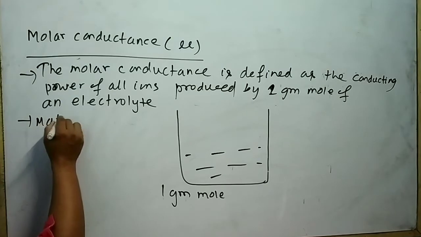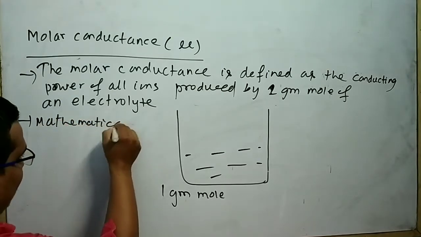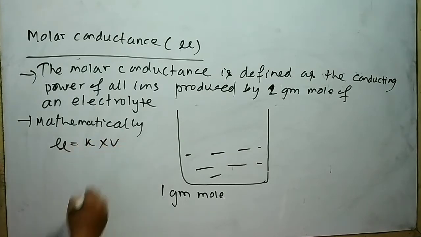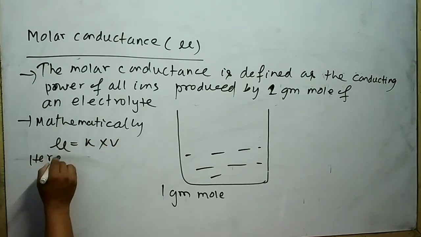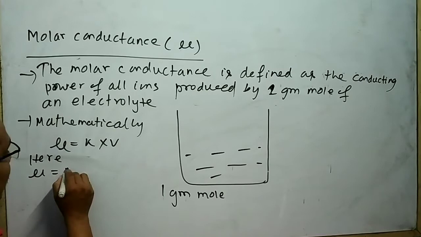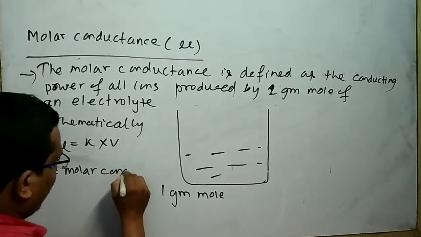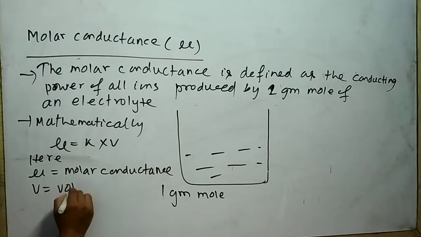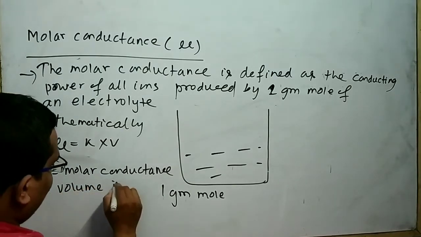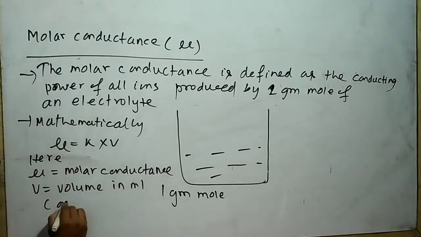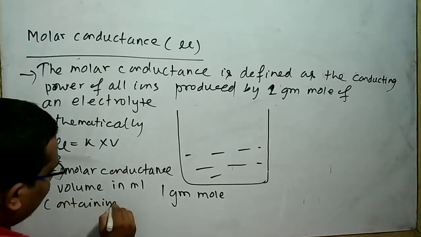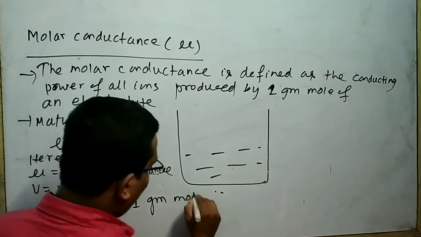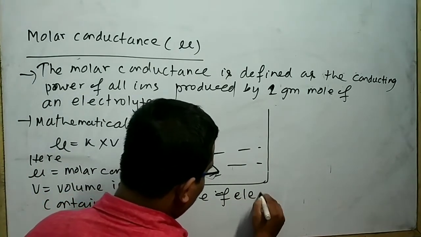Mathematically, mu is equal to K into V. Here mu equal to molar conductance, V equal to volume in ml containing 1 gram mole of electrolyte.